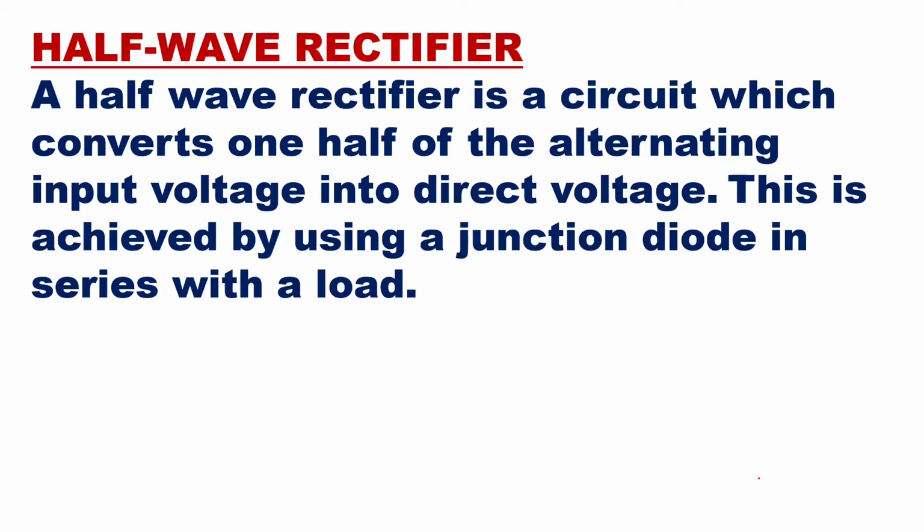First we'll start with the definition of a half wave rectifier. A half wave rectifier is a circuit which converts one half of the alternating input voltage into a direct voltage. This is achieved by using a junction diode in series with a load. Now, when you see the waveforms, this is your input waveform.